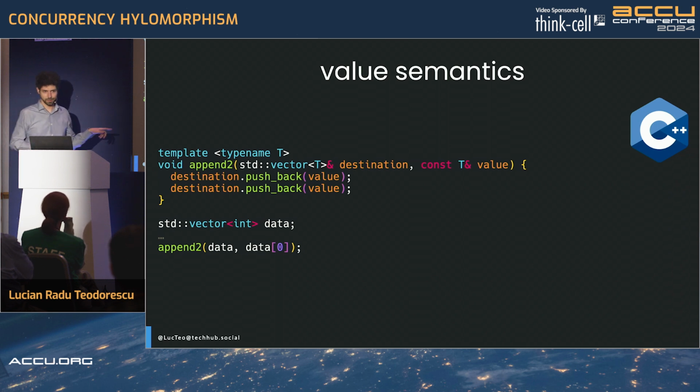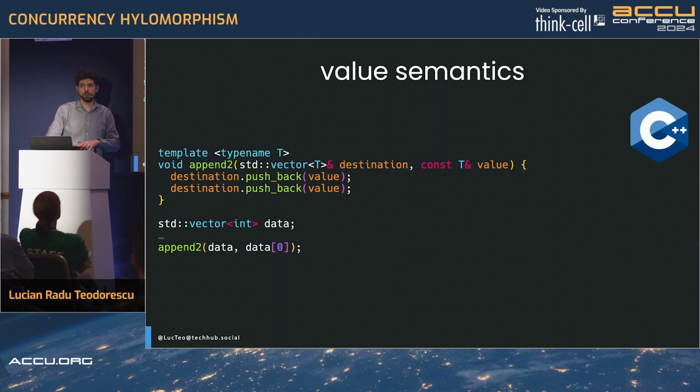Will it work? It won't, because the first push_back may actually destroy my element, right? That's a problem. And you can arguably say that the function does the right thing and the caller does the right thing. So somehow you need to have reasoning for the entire program to understand what's going on.